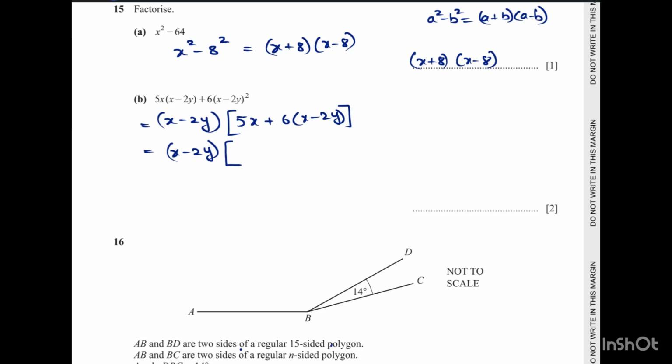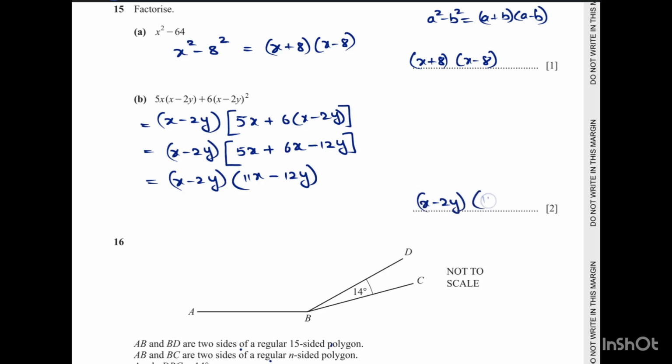First multiply 6 into x minus 2y, writing 5x as it is. 6 into x is 6x, and 6 into minus 2y is 12y, minus. Now x minus 2y as it is. Then 5x plus 6x is 11x, minus 12y as it is. So we got the factors. These are the factors of the given expression.